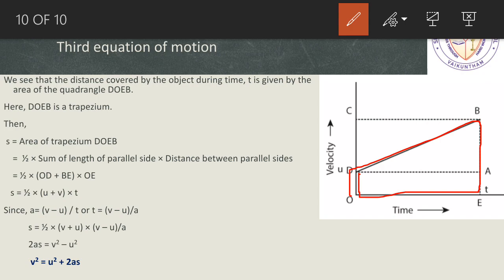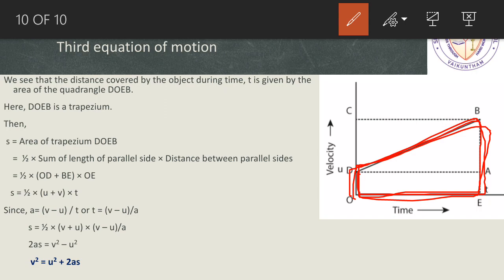Here we can see that it is a figure called a trapezium, right? So we are aware of it. Here we are considering the area under the trapezium DOEB. So here we directly calculate the area using the formula of area of a trapezium.